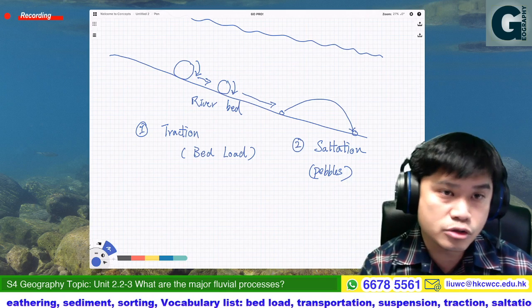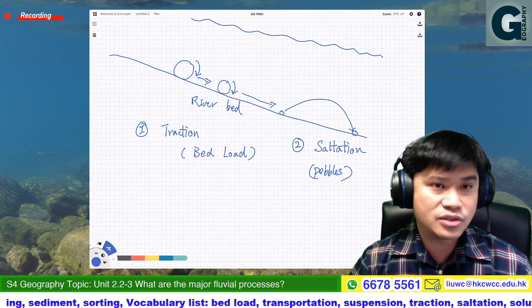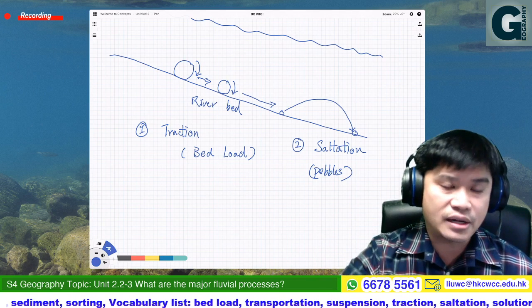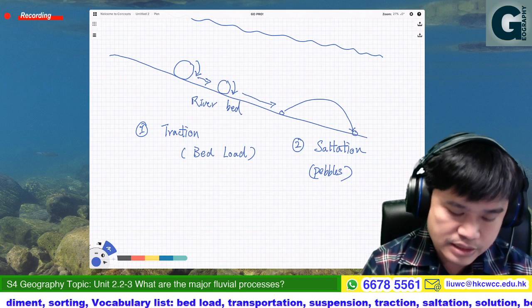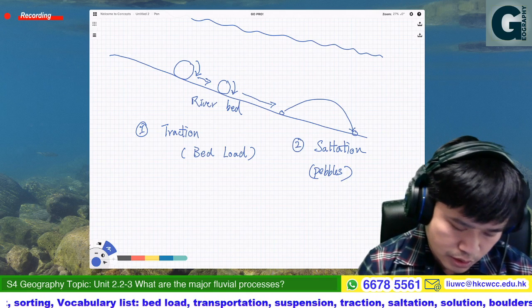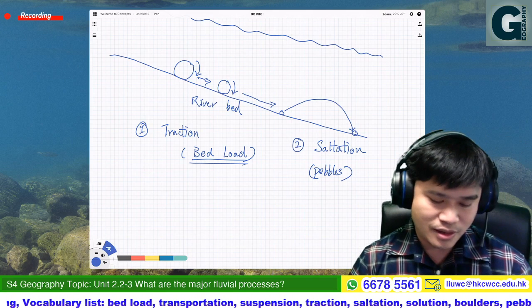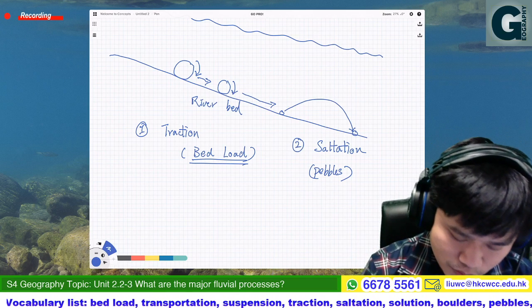Compared to traction, which just rolls on the riverbed, saltation bounces. You can see that the size is different: for traction, the bed load is carried. But for saltation, it should be pebbles.